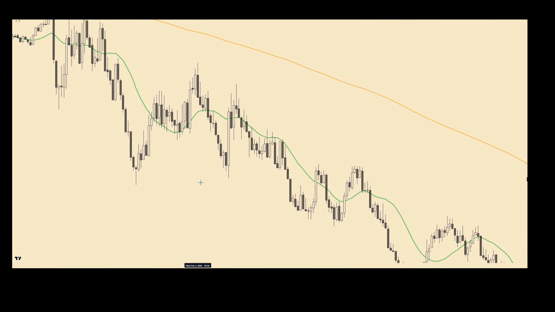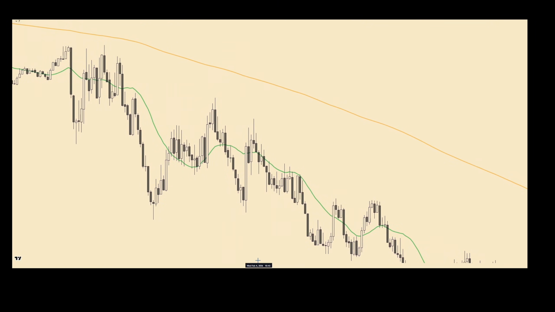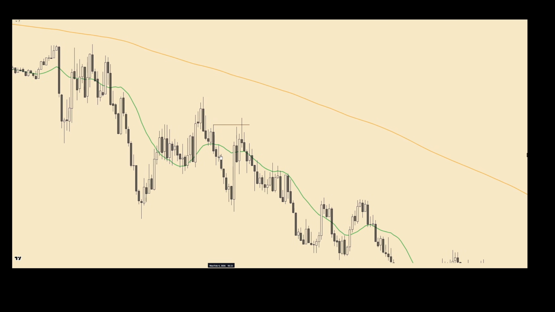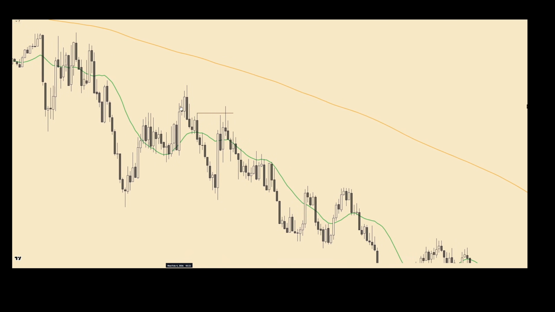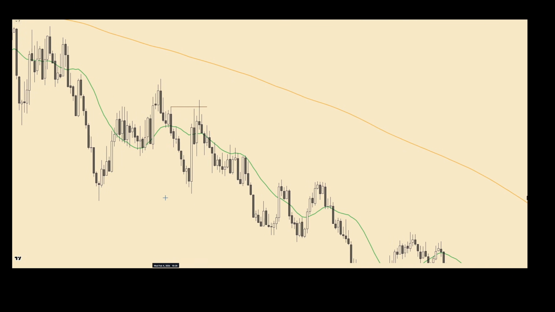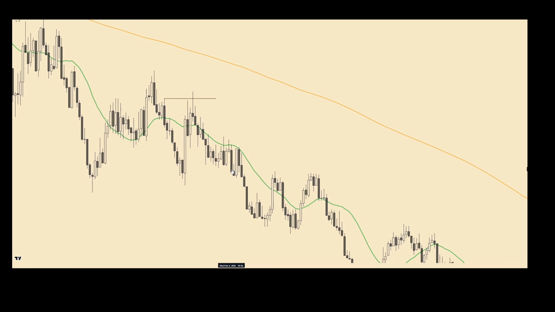Or maybe even I can wait for a fractal liquidity sweep right after price closes below the 20 SMA. This shows me that price is willing to turn back lower and then sweep a liquidity inside of that range and then turn back lower once again.